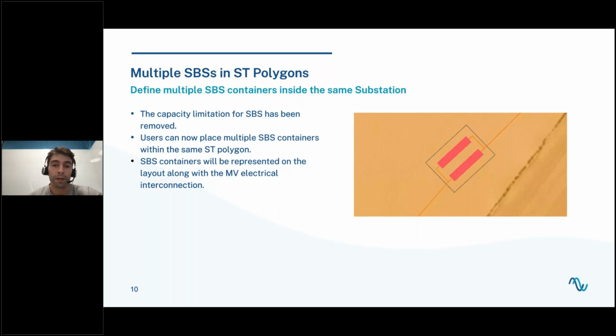And now this limit for the single container still exists, but as we allow for more than one container to be installed, virtually this capacity limit does not exist anymore, as the user can install more switching and breaking station containers.